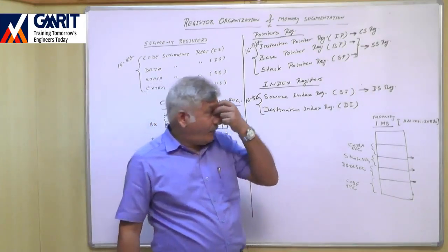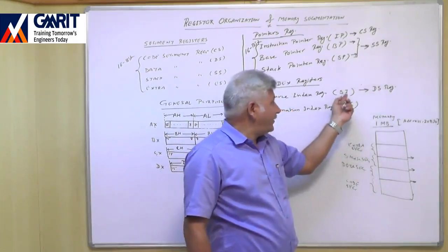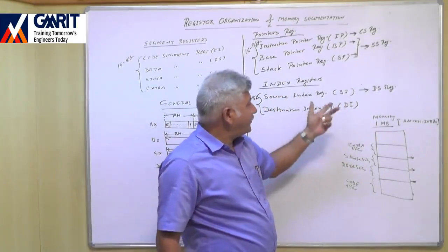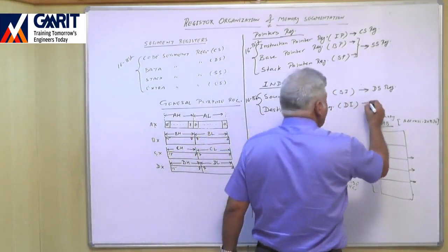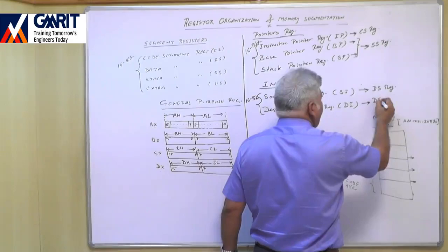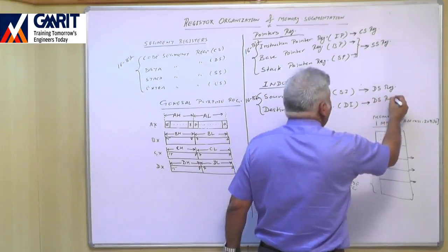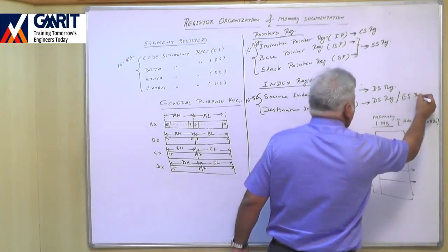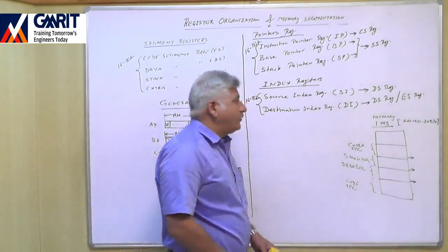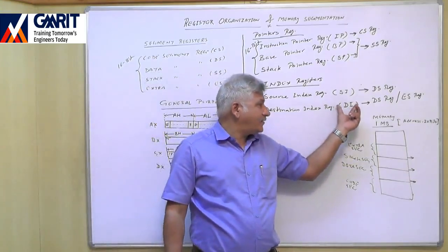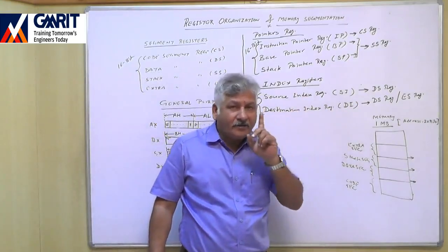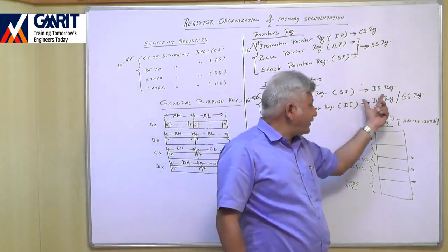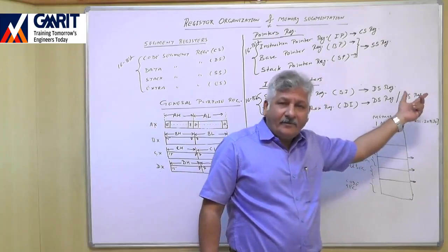So with the help of the data segment register and SI register, we will calculate that 20-bit physical address. Now the destination index register is associated with the DS register as well as the ES register. So the destination index register is used to calculate the 20-bit physical address of our data which we have stored in the data segment or extra segment.